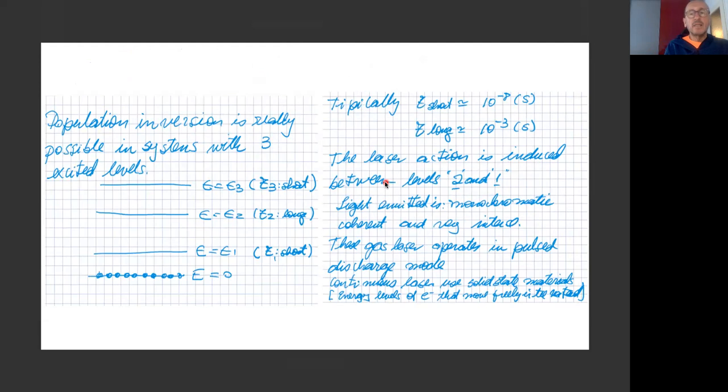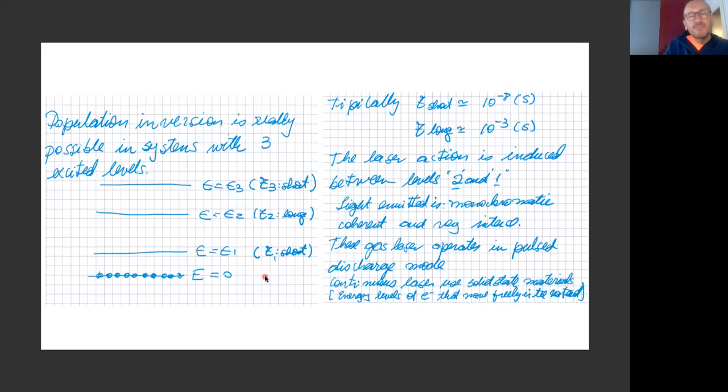So again, here I have a model system that, instead of 2, has 3 energy levels: 1 ground state and 2 excited states. So this is the ground state, and I have this excited state, and this excited state.